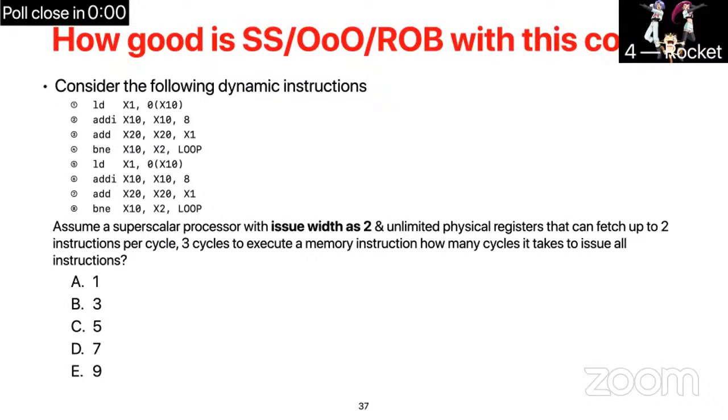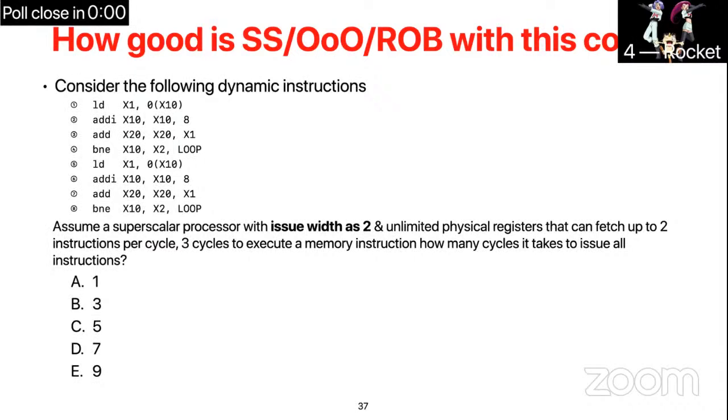What's the methodology? I assume it's like the last question our team answered, the chart where you had the instructions, and then you draw the arrows to show the dependency. So that's called a data flow graph, right?